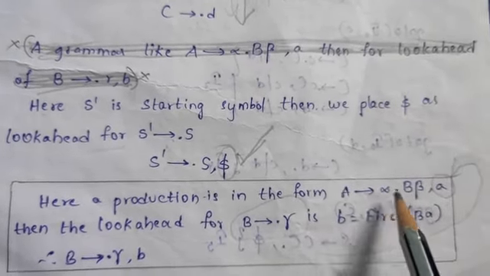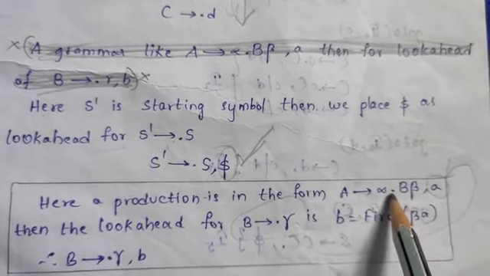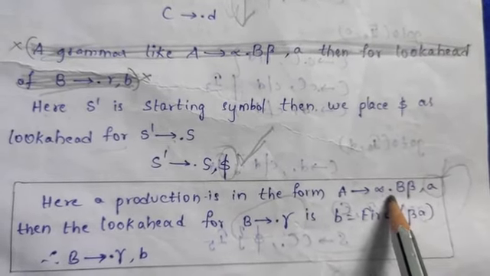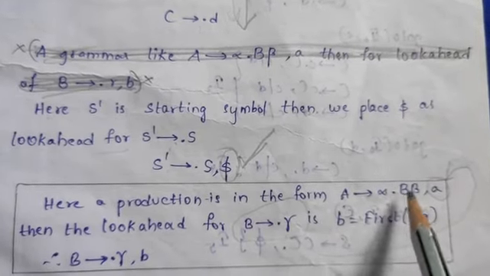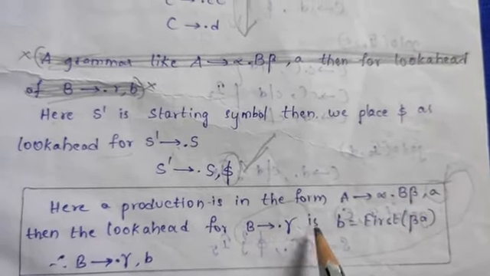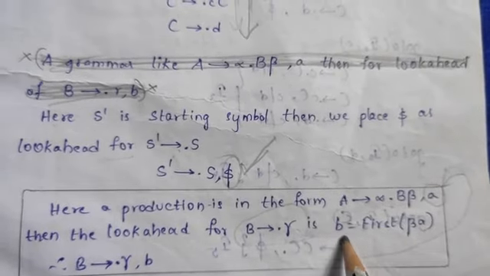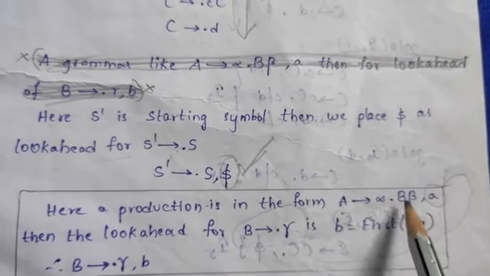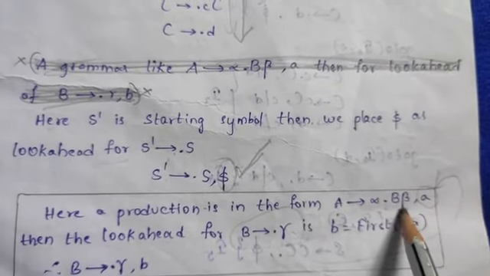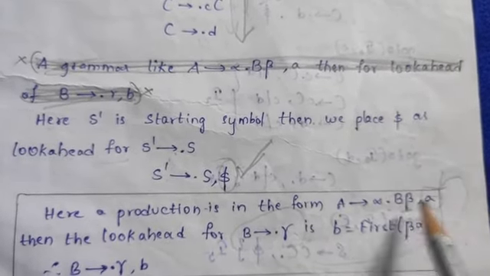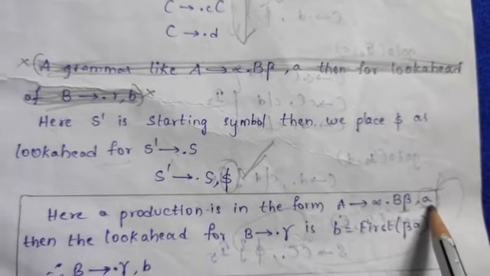If any production has the dot before a non-terminal, then the look ahead is constructed with the help of first of beta a. Beta is the last element of this production, and a is the look ahead of this production.